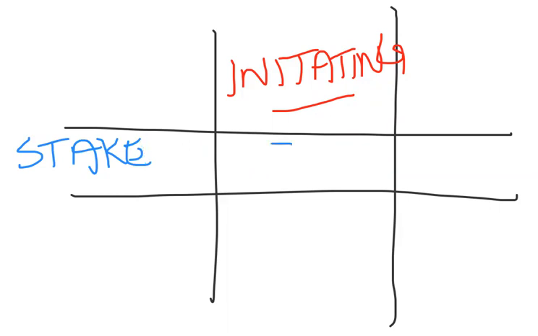When they intersect, what do you get there? 5 seconds. The intersection of initiating and stakeholder is going to give you a process known as identify stakeholders, IS. All right, let's go to our next one.